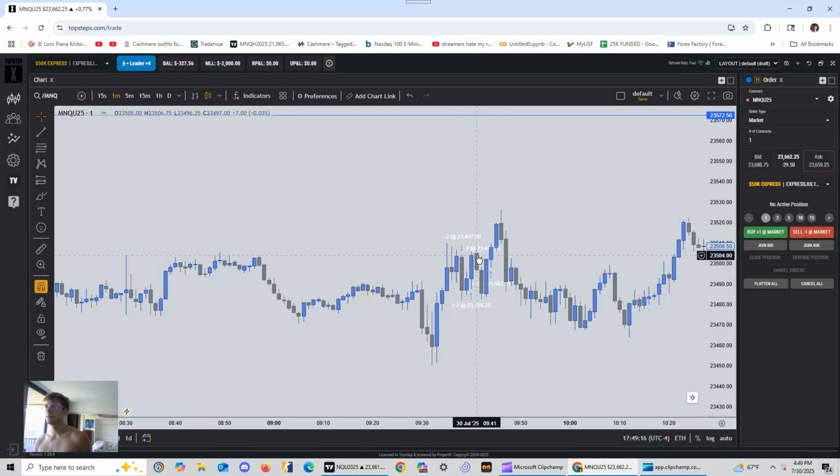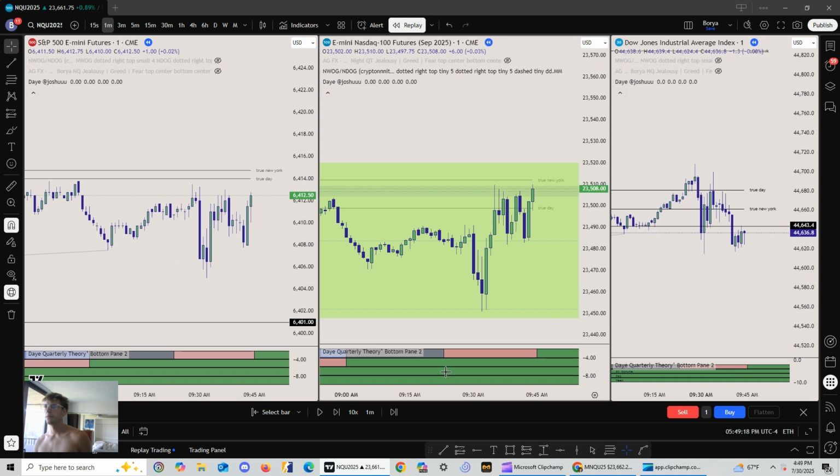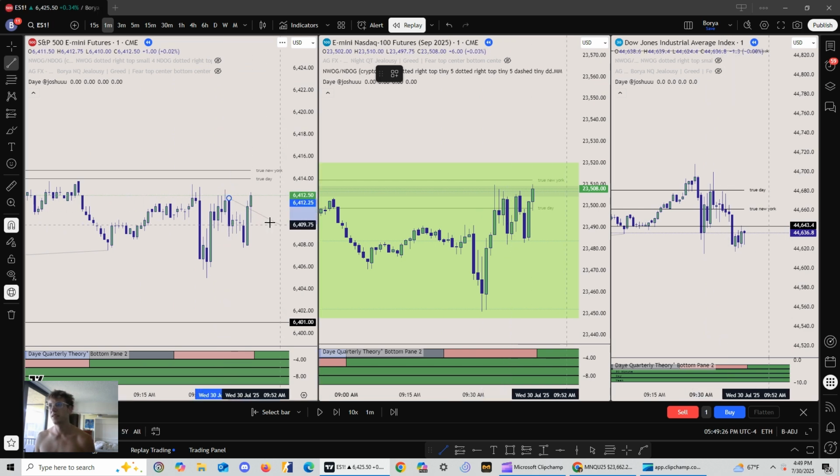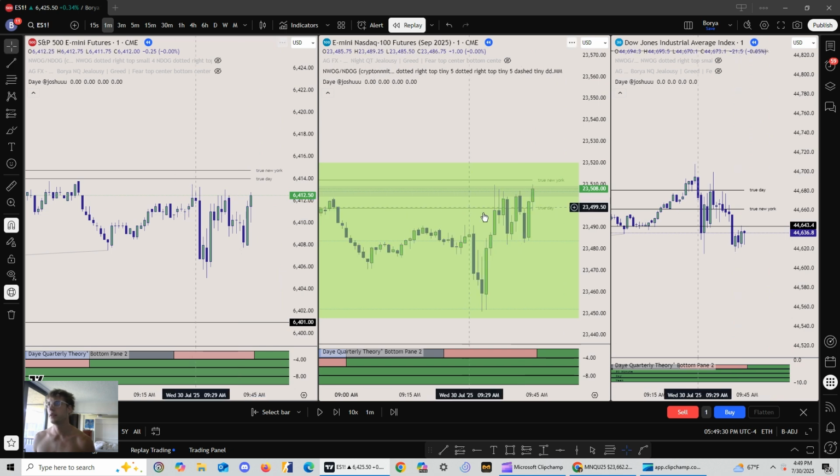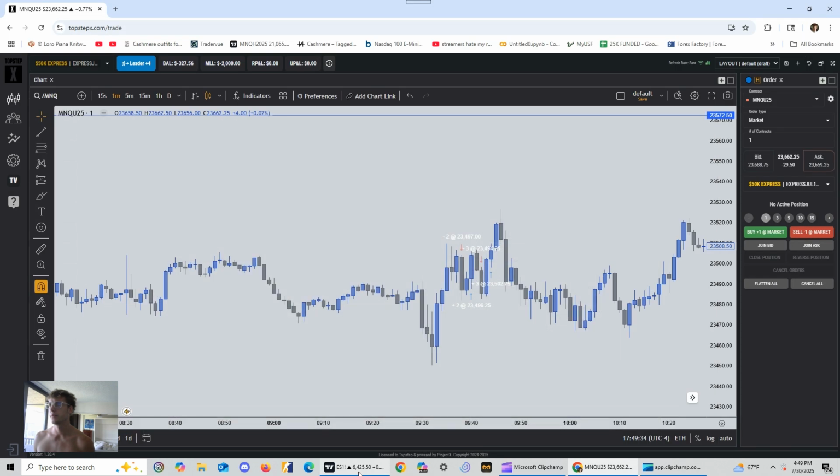I saw SMT right here with the bodies, and we were also in that new day opening gap. I saw this tiny little crack over here, and then I entered it, and then I left at minus 50, and that's it.